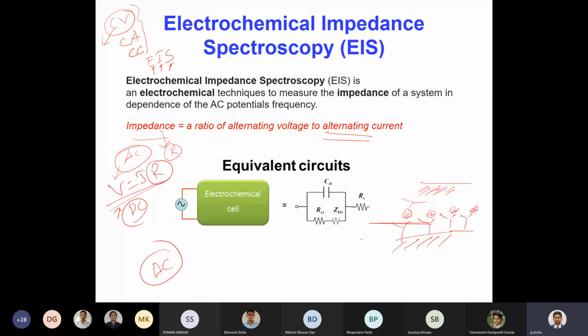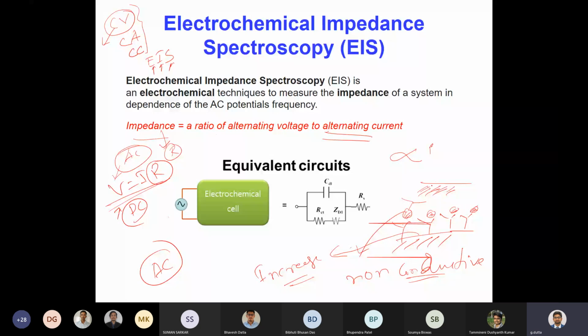Basically protein is non-conductive. So resistance increases, and impedance also increases. Impedance is proportional to your biological stuff, I mean the protein, because they are non-conductive.